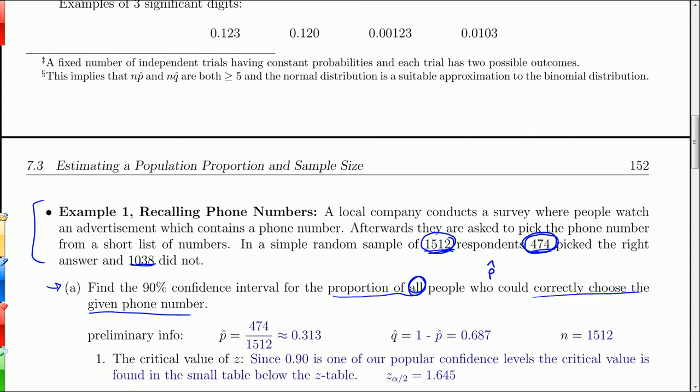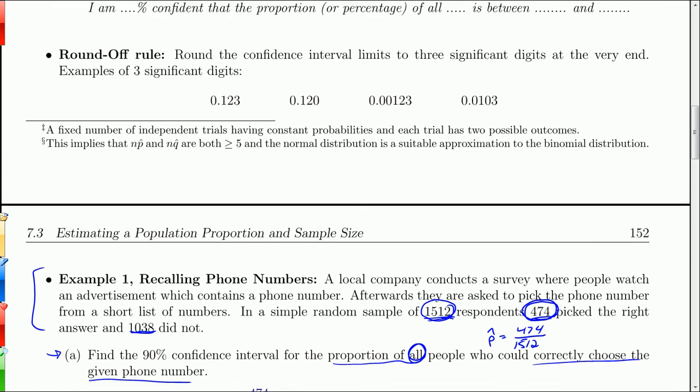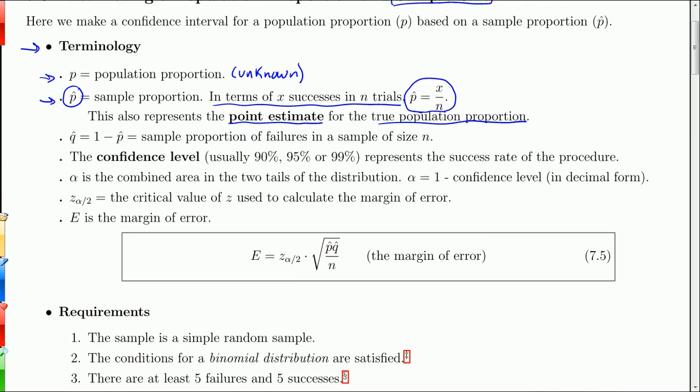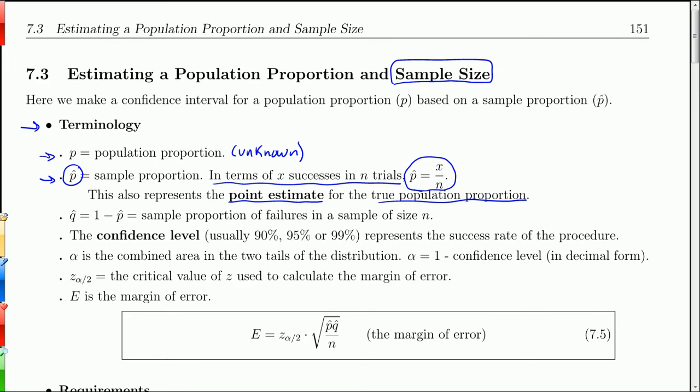So p hat is just 474 over 1,512. Right? So that's what I mean by x over n. So you might not be given the specific proportion, but you will be given the number of successes and the number of trials. Q hat is 1 minus p hat.